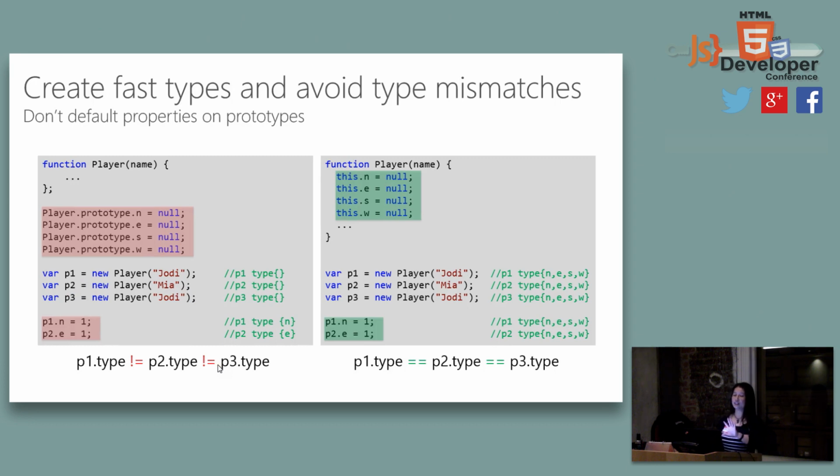So you're creating a lot of different object types. A better way is to not use prototype, just assign the property directly to that particular, say, player, and initialize it. Then all your P1, P2, P3 are the same object type.